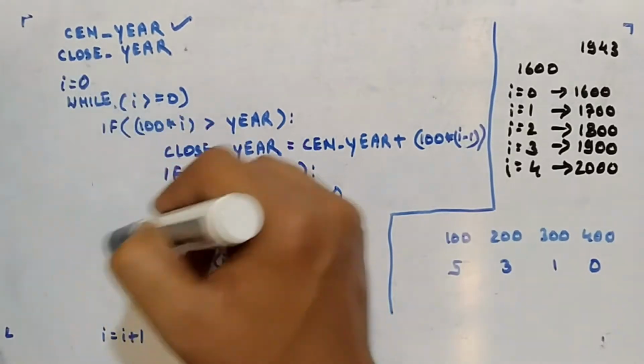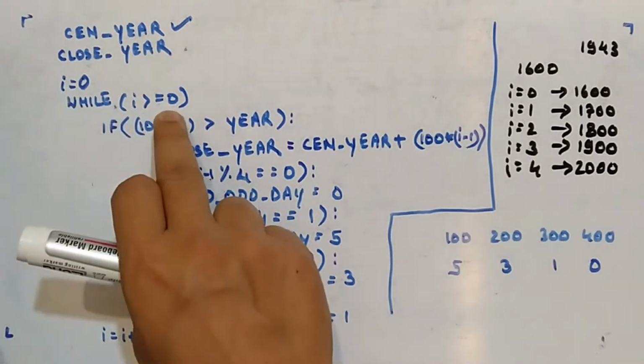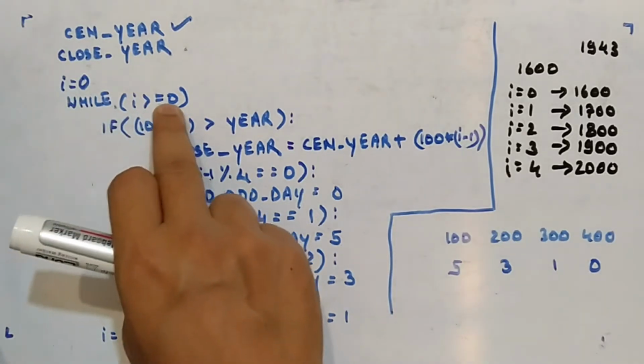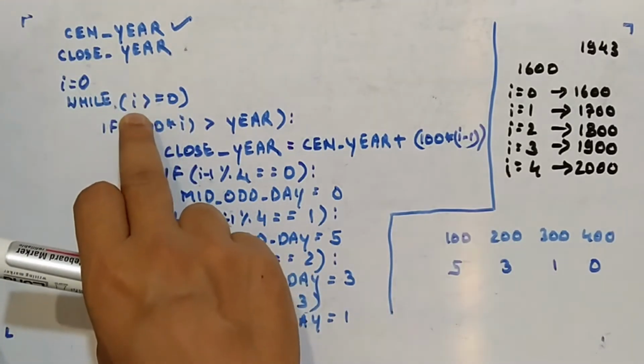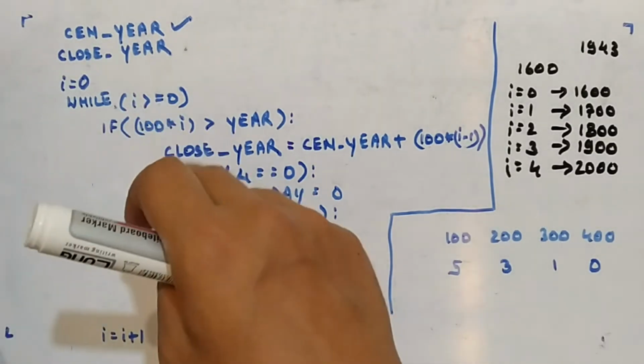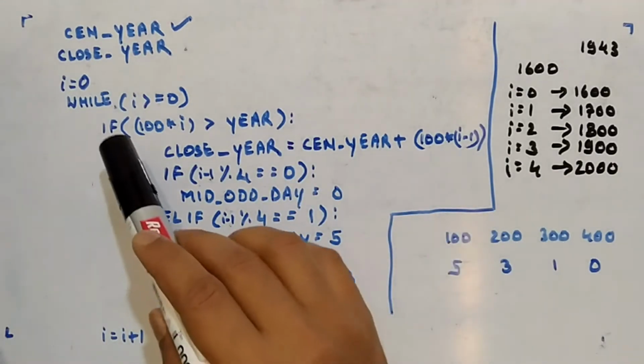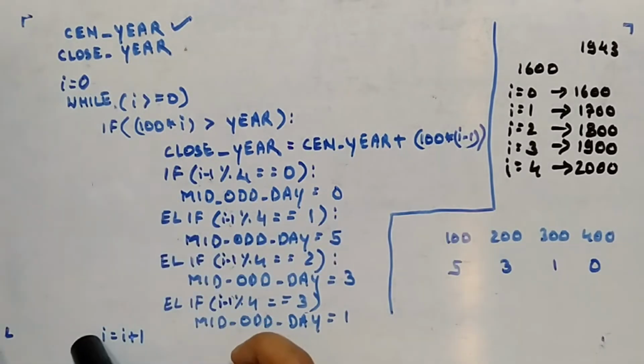Here you can see again I'll use a while loop. I am using i equal to 0, and as long as i is greater than or equal to 0, this while loop will run. So I have to apply a break somewhere here. Now you can see there are two statements, the first statement and the second statement.